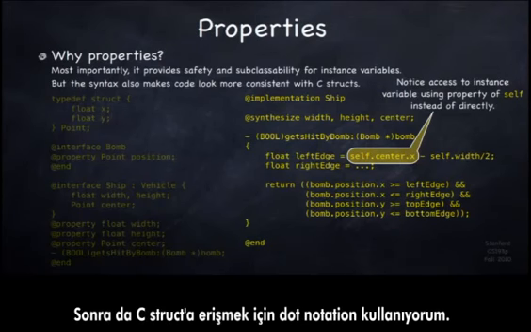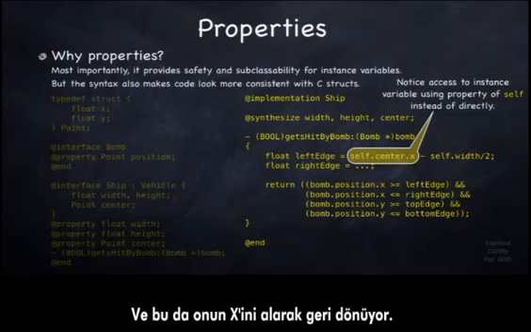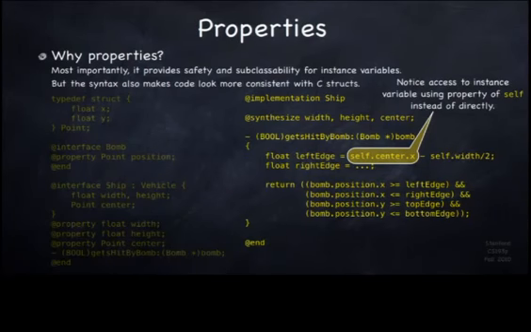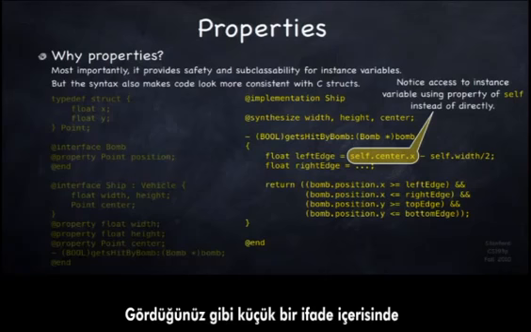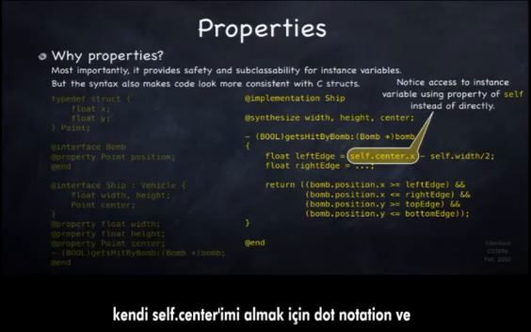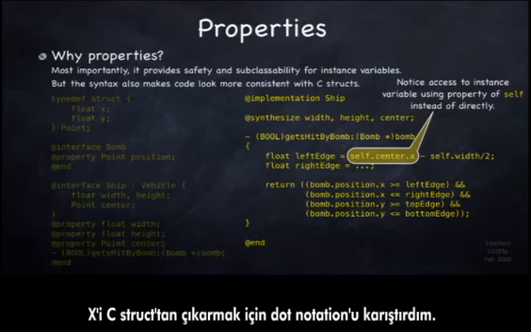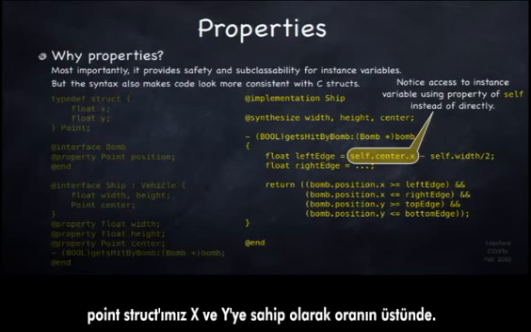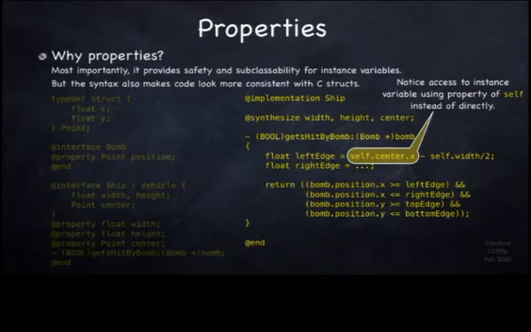And then I'm using dot notation to access the C struct that comes back to get its x. Everyone understand what's going on there? So you can see in one little term, I've mixed both dot notation for getting my own self.center with the dot notation for getting that x out of that C struct, the point struct over there that had an x and a y.